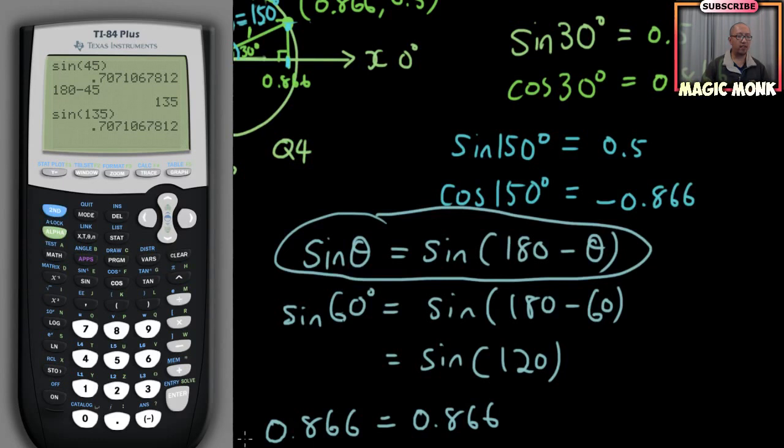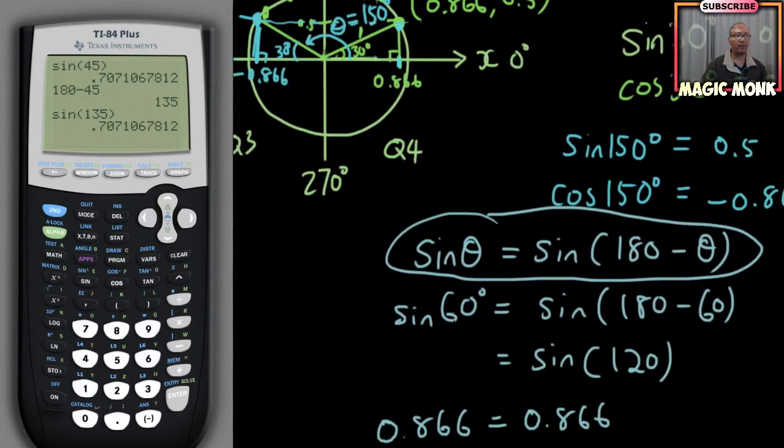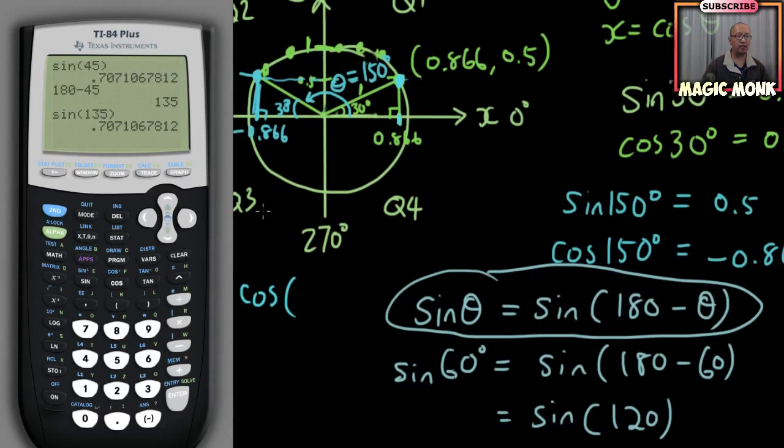So the rule that I'm going to make up for that is cosine theta, the x value, is equal to negative of cosine of 180 minus theta, so minus 30 degrees. So using this rule, let's check if that rule works.